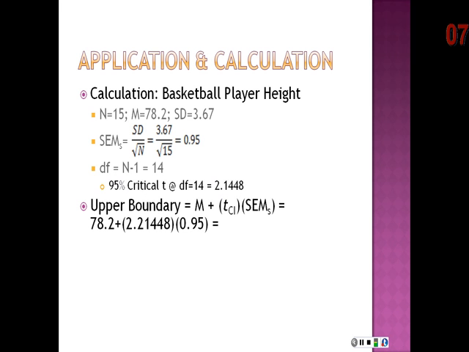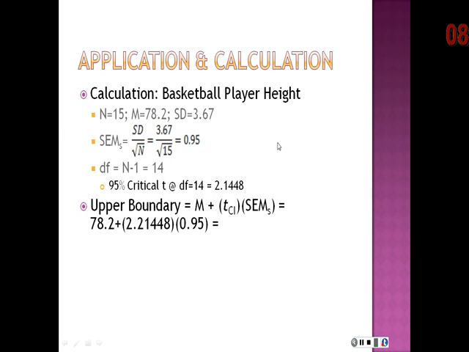So in this, the upper boundary here is the mean plus the t value. So we'll go ahead and calculate this here. We plug in the mean of 78.2, which we find here, and then we add our critical t value of 2.1448 times our standard error of the mean.